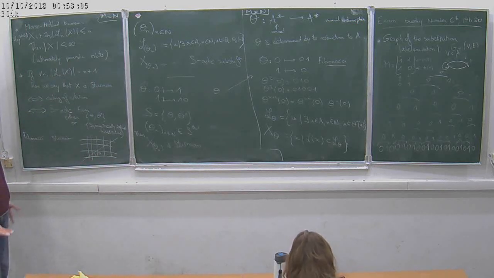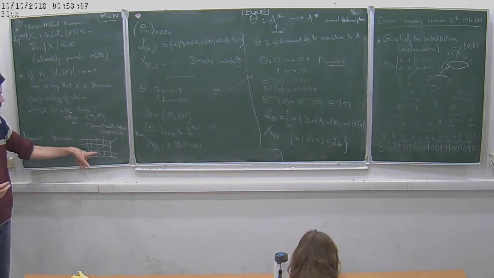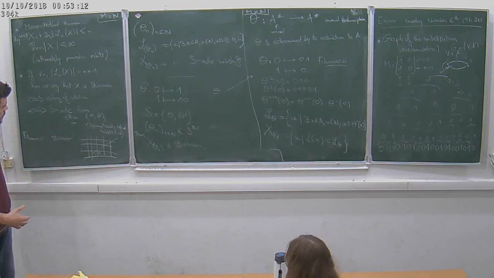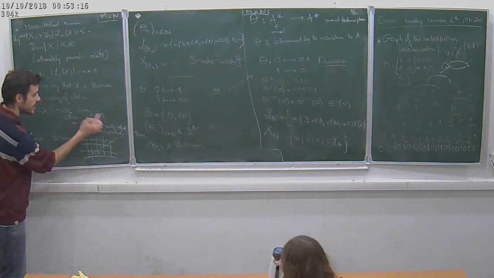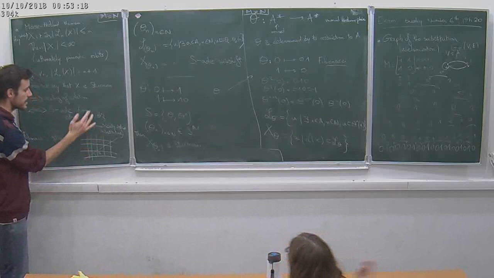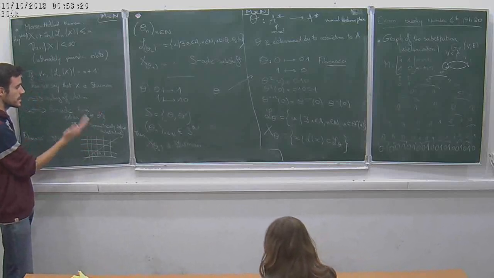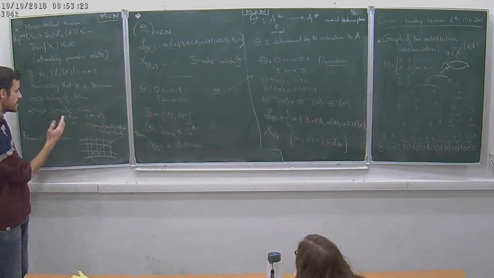In particular, when you want to find the continued fraction of theta, you apply exactly this kind of thing, the substitutions theta and theta prime, which modify this line.